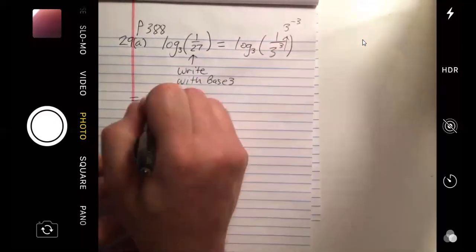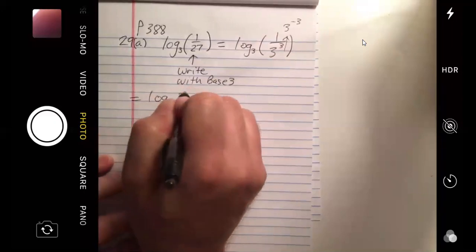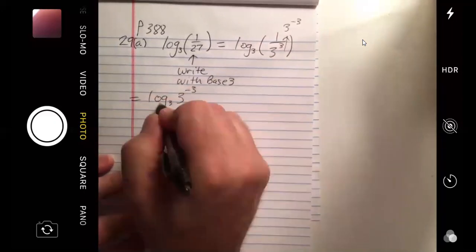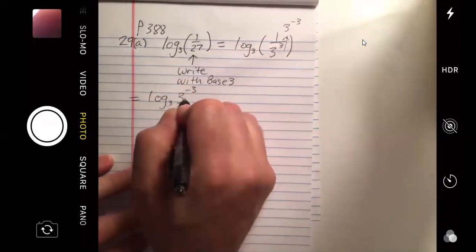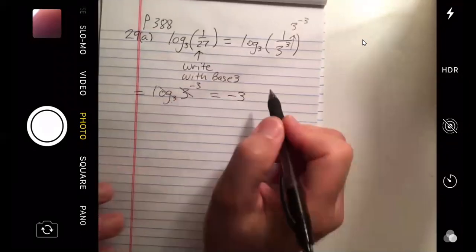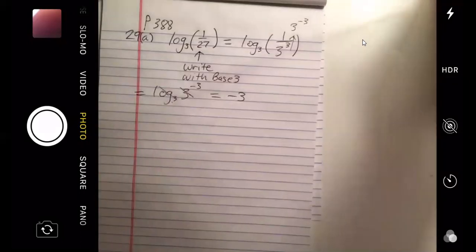I can write this as log base 3 of 3 to the negative 3 power. Now I have exactly what I want: a log base 3 and an exponent with a base of 3. They directly undo. My exponent is negative 3. So that's the kind of trick you have to do until we show you the calculator trick.